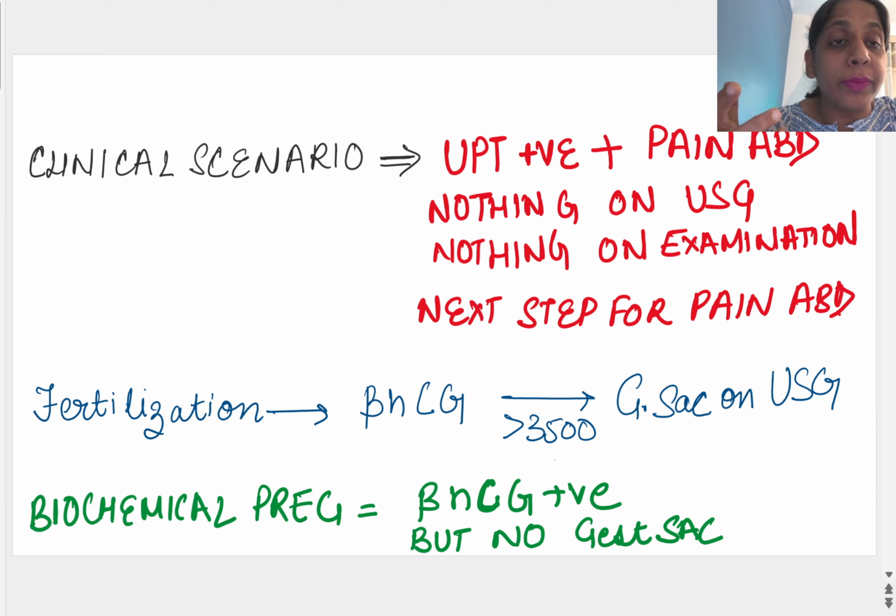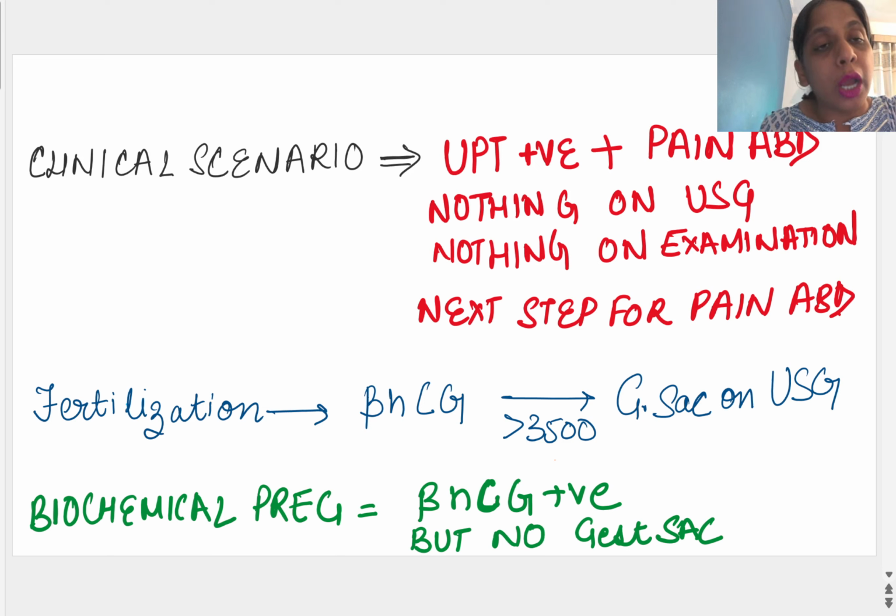Number two, it is an ectopic pregnancy, a very small mass that could not be detected on ultrasound and examination. Number three, it is an abortion, the pregnancy is failing, that is why the patient is having pain.